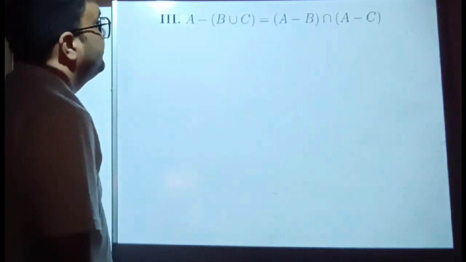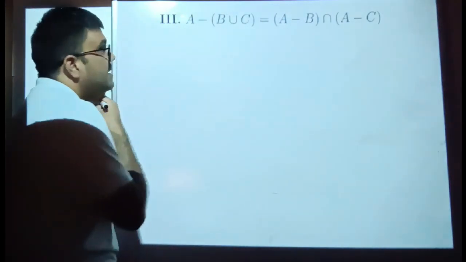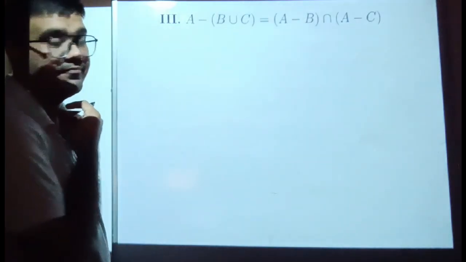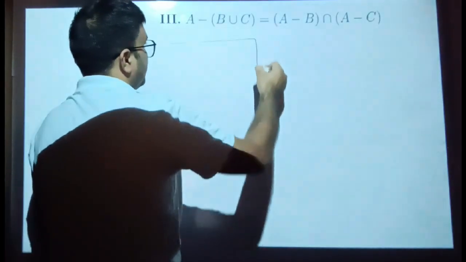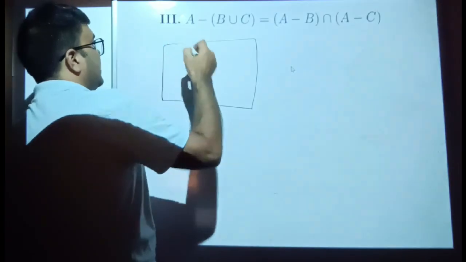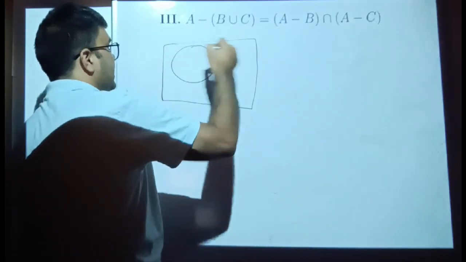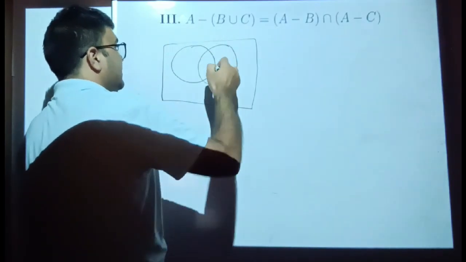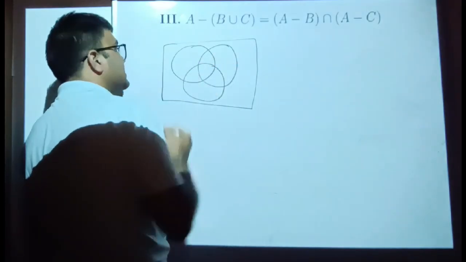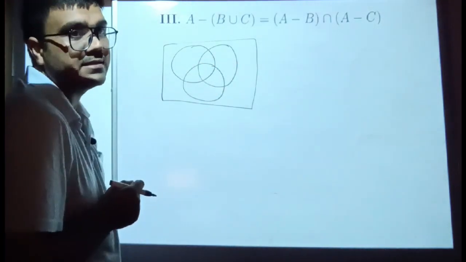Next result that we have is A minus B union C. We have now three sets A, B and C. Let us try to understand this condition.